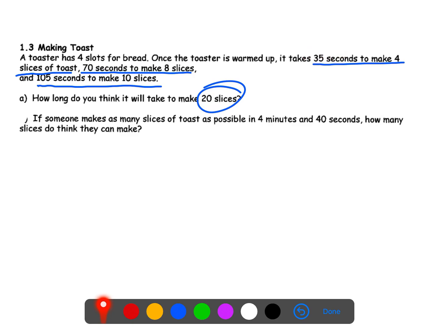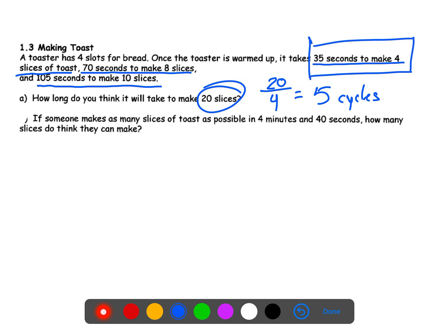So what we have to do is figure out, with the 20 slices of bread, how many cycles of the toaster would we have to run? So what's 20 divided by 4, the number of slices? 20 divided by 4 tells us that we would have to run 5 cycles of the toaster. And this right here is how long a cycle of the toaster would take.